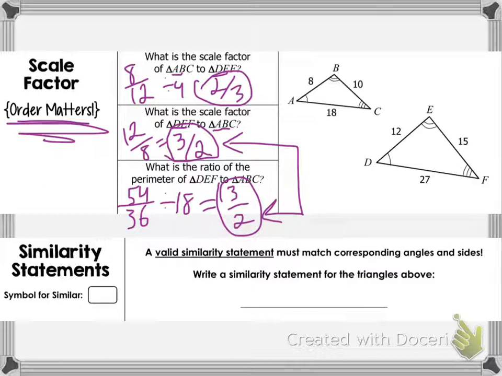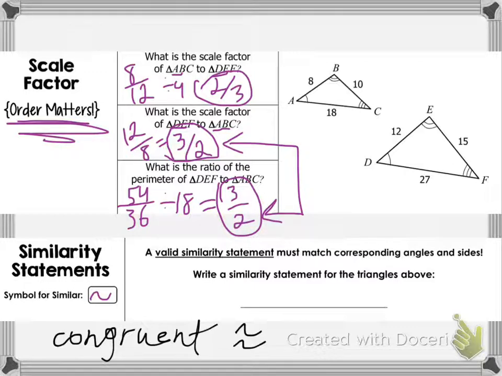Sounds great. So now, looking at this box down here, similarity statements. The symbol, when we're talking about similar polygons, looks like a little squiggly. If you remember, when we were talking about shapes that were congruent, we used this shape right here. It was a double squiggly. So if they're similar, it's just a single squiggly.